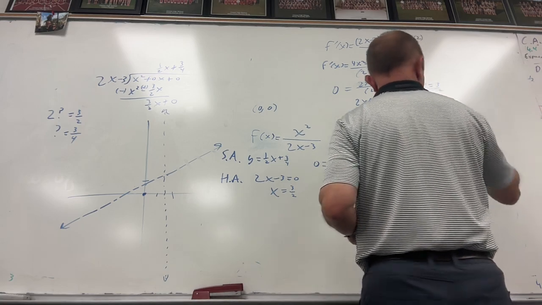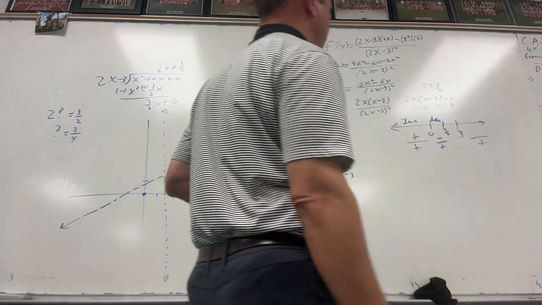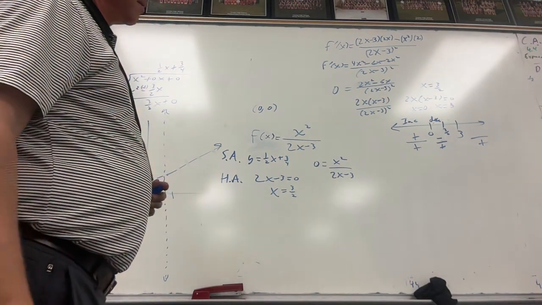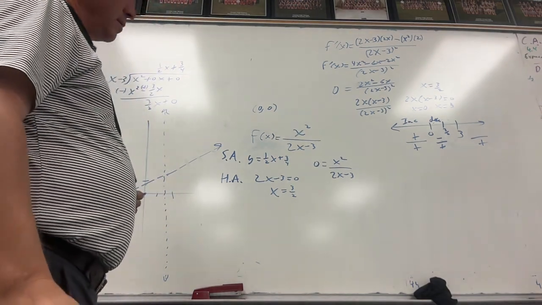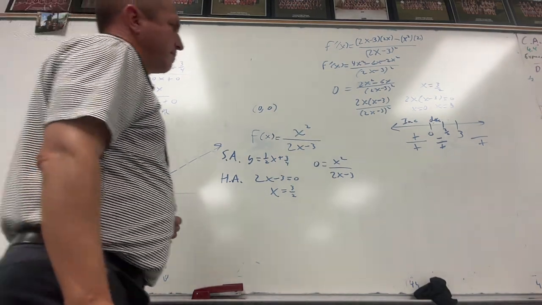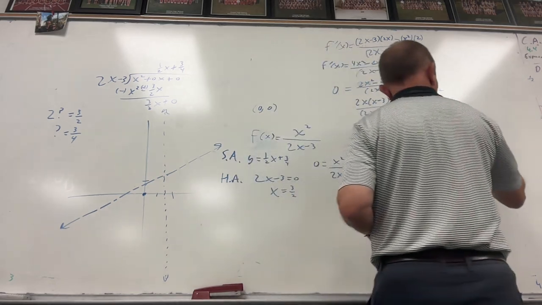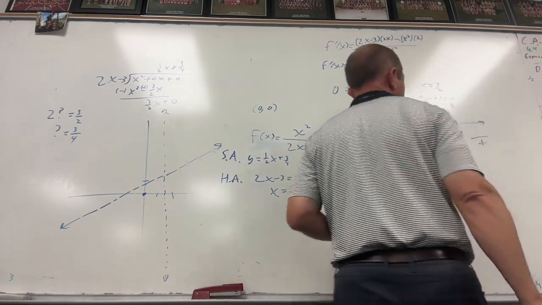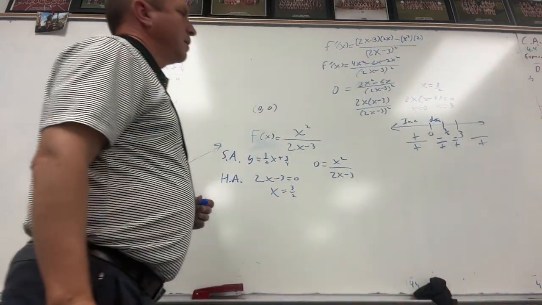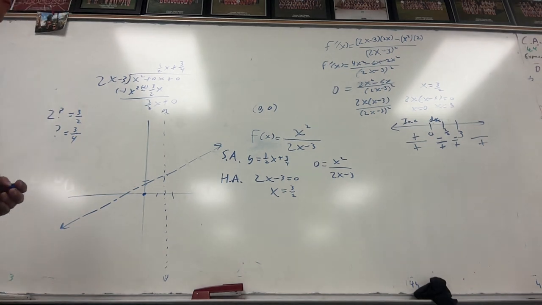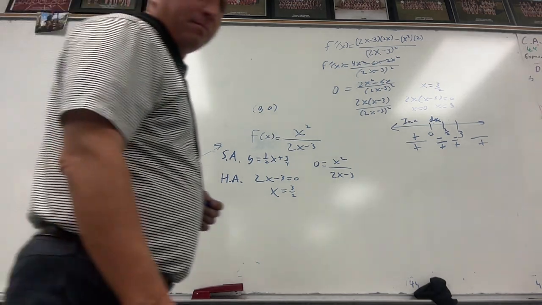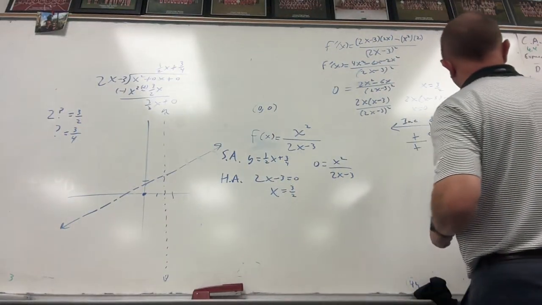Between 3/2 and 3, we've got 2. So we still get that it's decreasing, right? And then from 3 to infinity, if we plug in a number greater than 3, it'll be positive, so we are increasing.